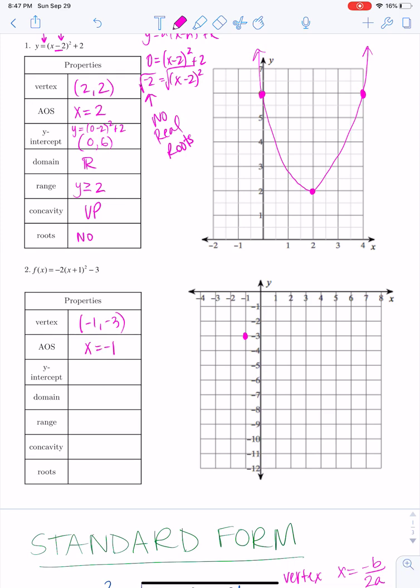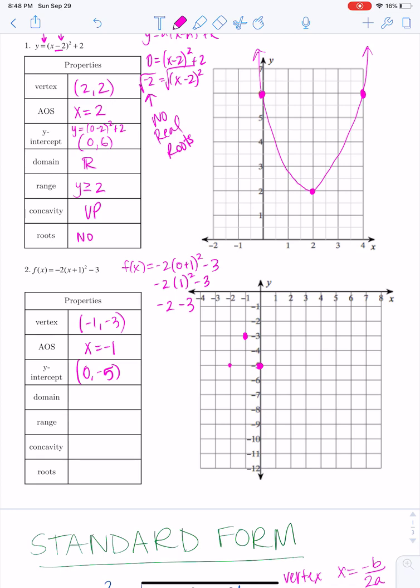For my y-intercept, I have f of x is -2 times (0 plus 1) squared minus 3. That's going to give me -2 times 1 minus 3, and this will give me -2 minus 3, which puts me down here at -5. So (0, -5) is my y-intercept.